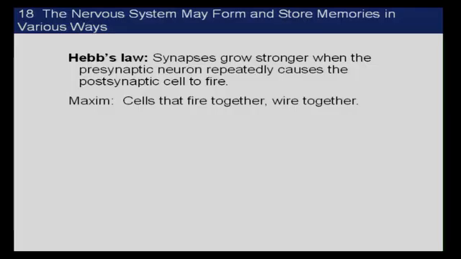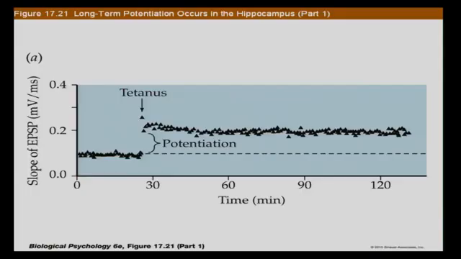And that is Hebb's law: the idea that synapses grow stronger when the presynaptic neuron repeatedly causes the postsynaptic cell to fire. And in fact, Hebb's law, which was developed way back in the 40s and 50s, was exactly what these researchers were thinking about when they started to think about the implications of this finding.